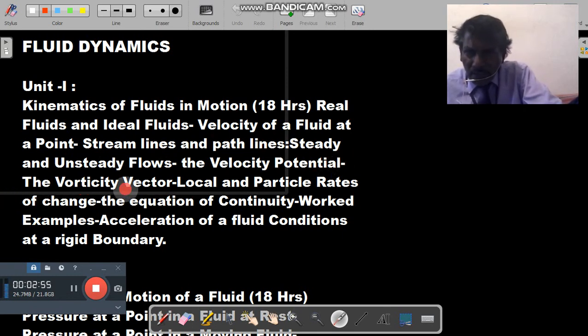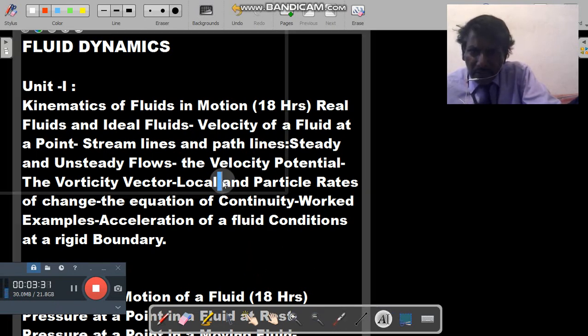And then the vorticity vector, local and particle rates of change, and the equation of continuity. This is very, very important. In the university examination, they may ask you to derive the equation of continuity. So a lot of worked out examples we are taking and discussing on this topic. Then finally, acceleration of a fluid.